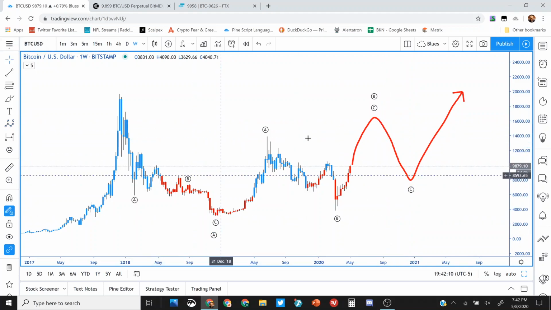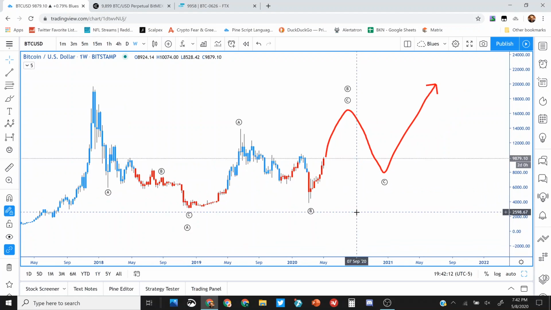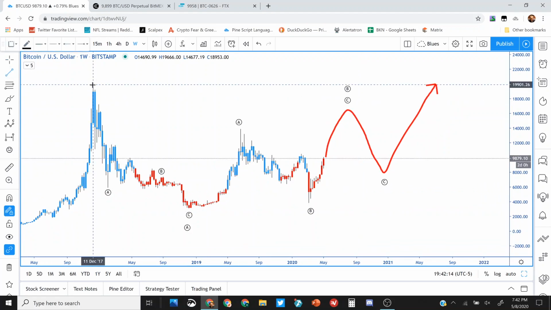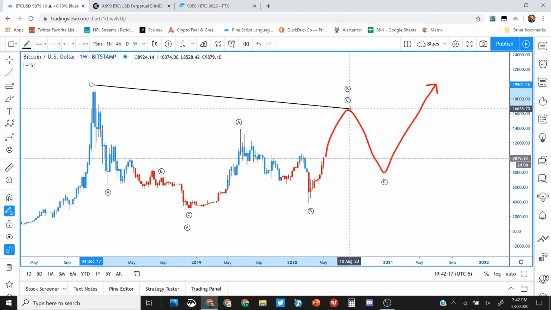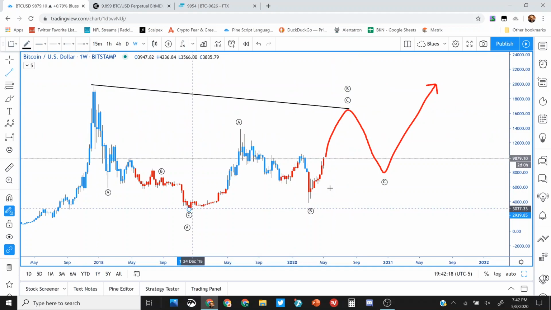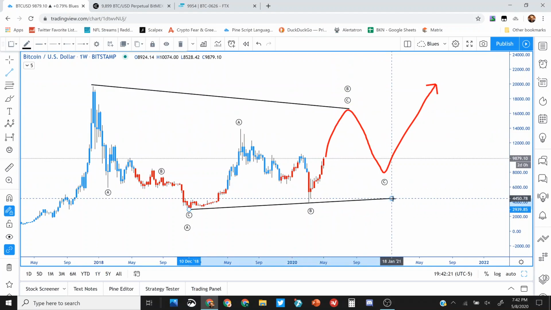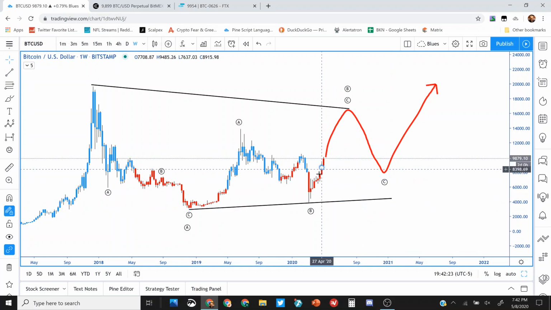There are so many variations of this count that I could draw them all out and waste all of our time, and it wouldn't make a whole lot of sense. What's important to watch is the trend line up on this move. If we break that trend line, we're probably done.